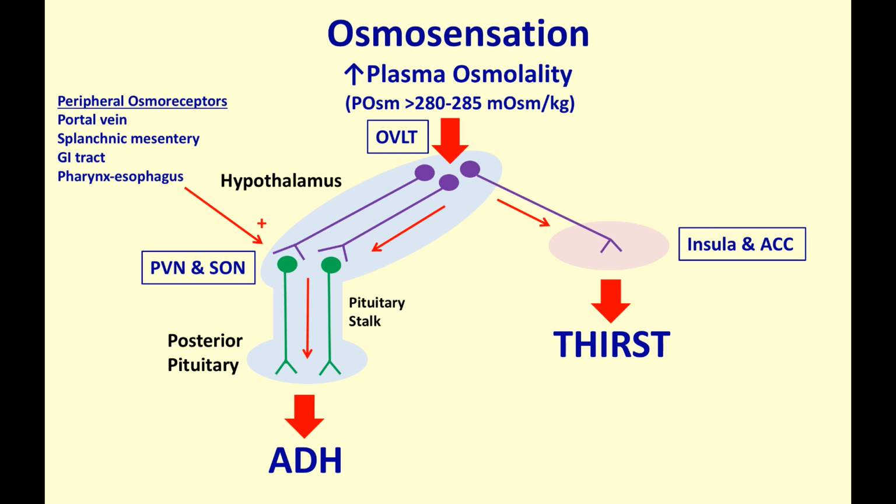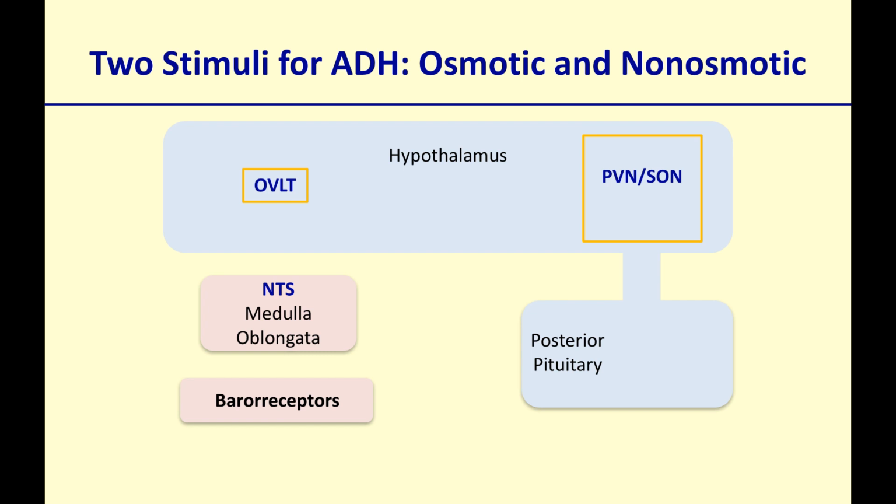Now, besides having a high plasma osmolarity as the main stimuli for ADH, there is also a nonosmotic stimuli. So there are 2 stimuli for ADH. One is hyperosmolarity, so osmotic stimuli, and the other is a nonosmotic stimuli.